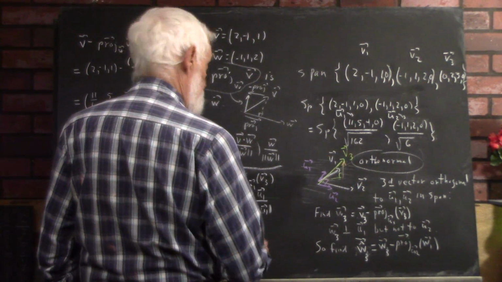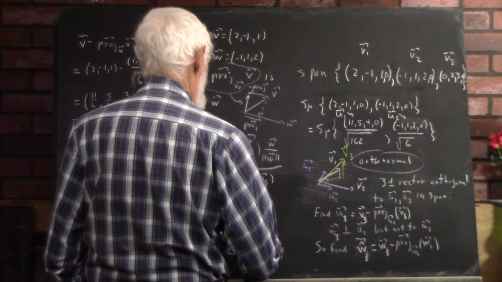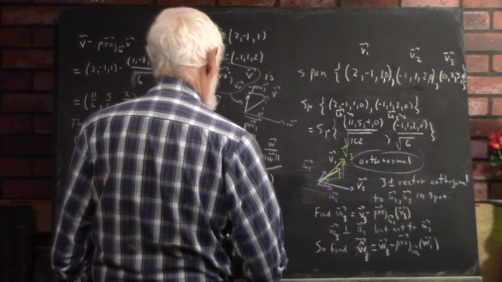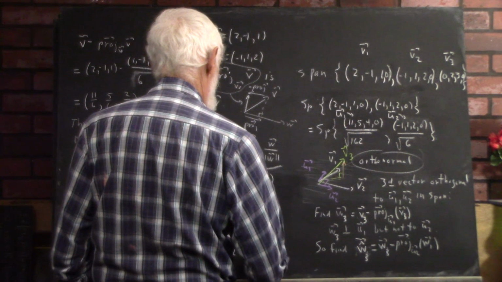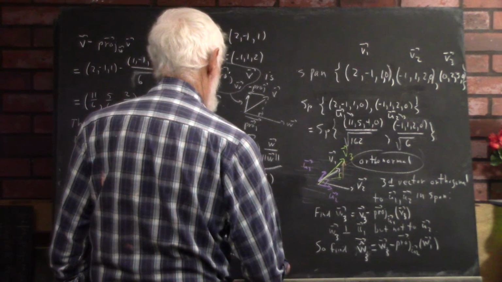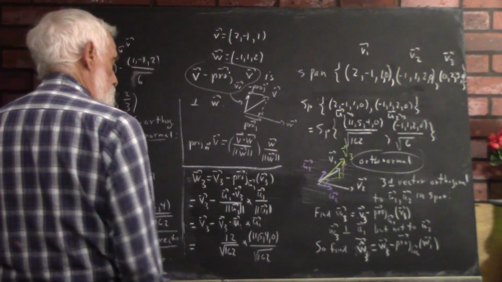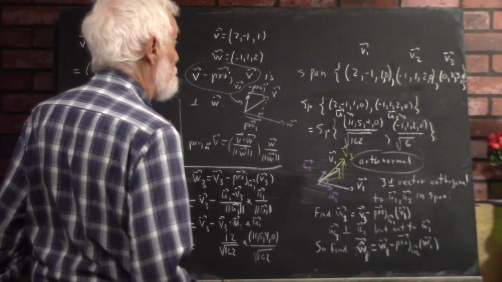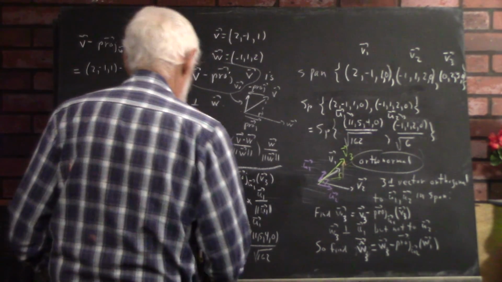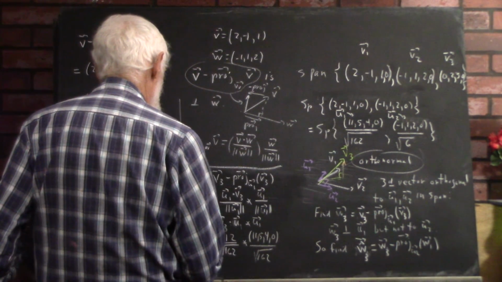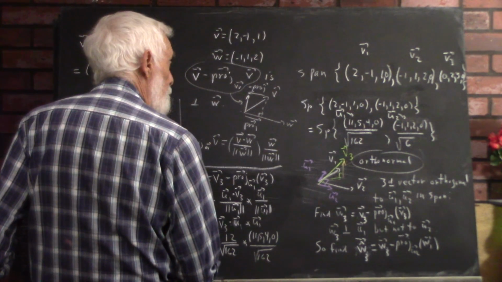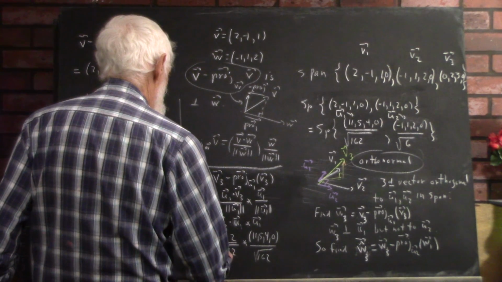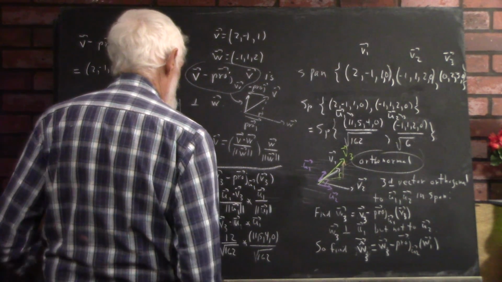Okay, well, U1 is this over the square root of 162. And V3, give myself a little more room, is 0, 2, 3, 0.